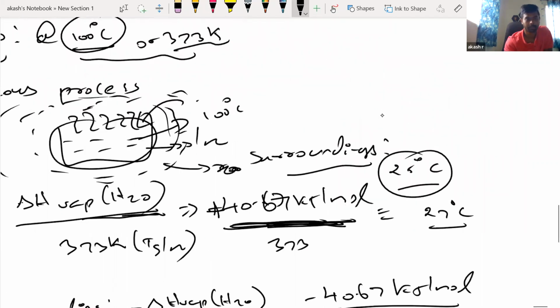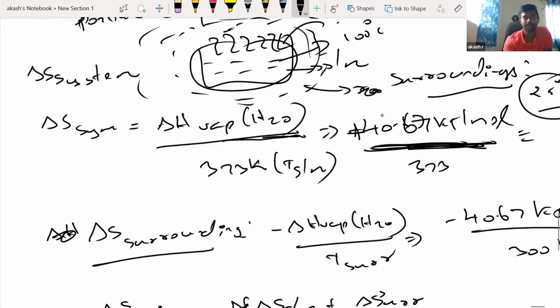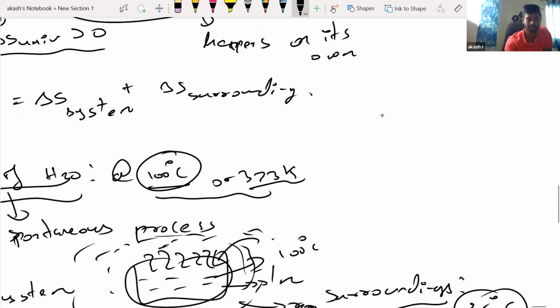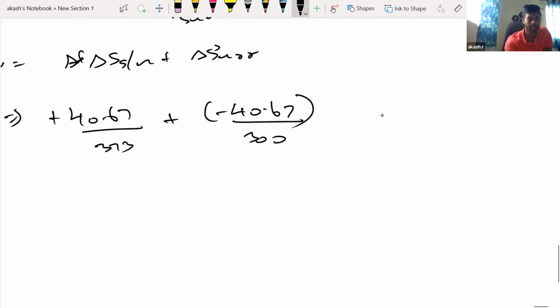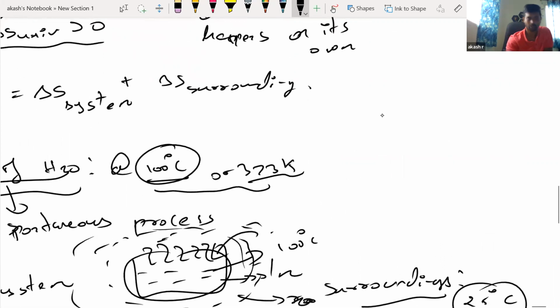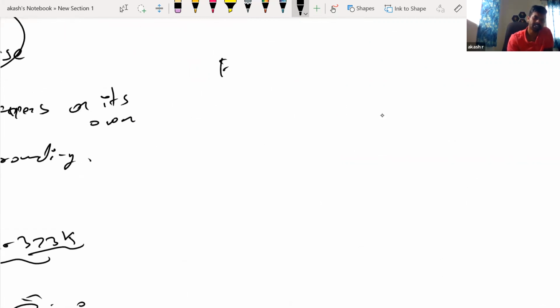Let me check this, people. I'm telling something wrong here, but it will absolutely work for melting of ice. This we'll keep on hold. You also check how exactly this is a spontaneous process. So let us do this: if I take fusion, that is nothing but melting.